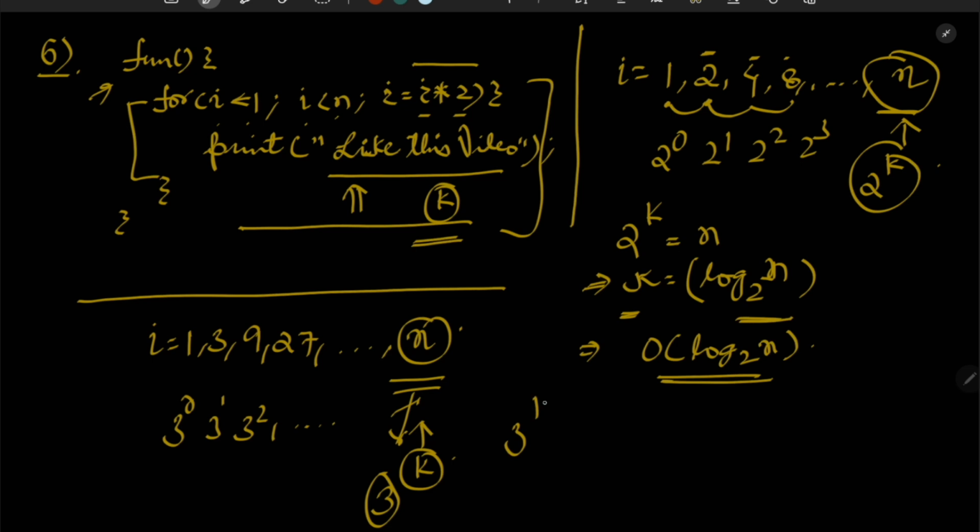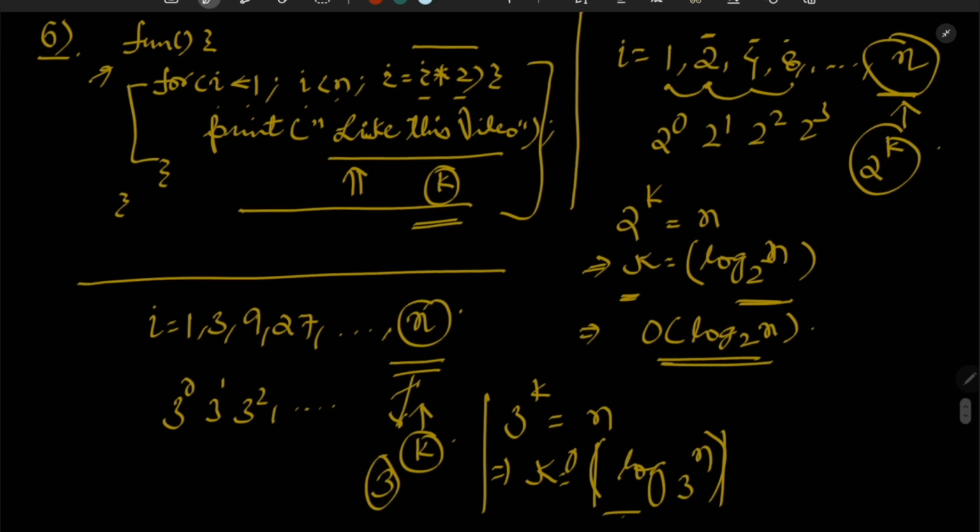So when we do this, 3 to the power k is n, and we wish to find out the k value, it again becomes log n to the base 3. And this is our runtime complexity.